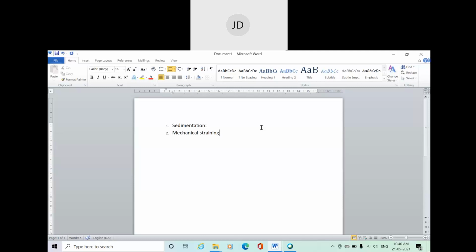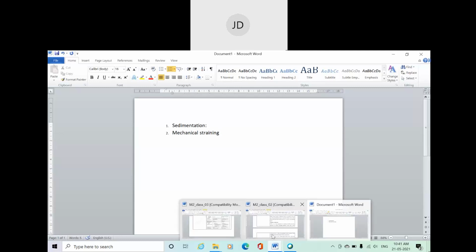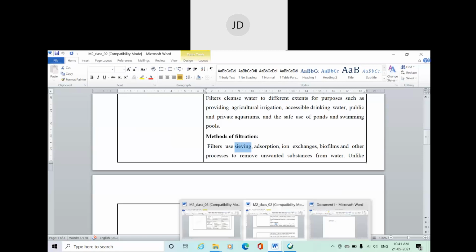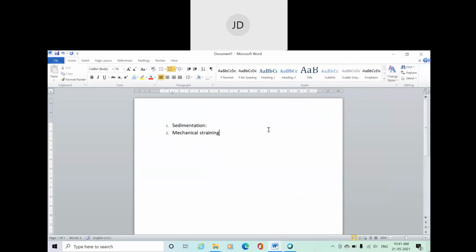That's how the sand particles behave like a sieving apparatus. We already mentioned that filters use sieving. Sieving, you also heard this term in transportation in soil, right? Sieving is done to separate two particles depending on their size. Even in the filter, the sand layer behaves as a sieving apparatus.